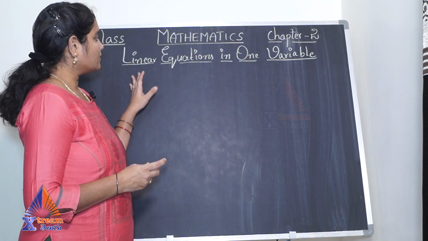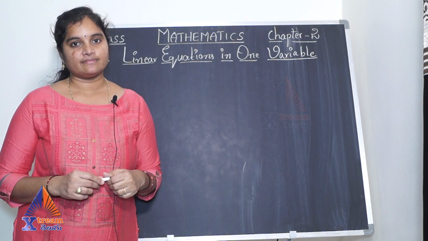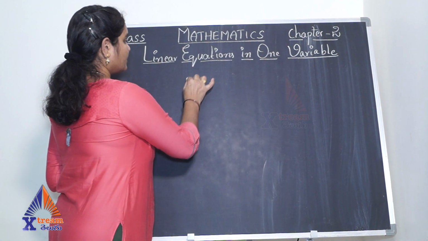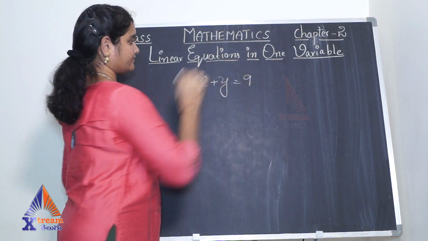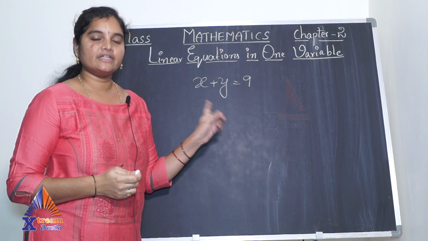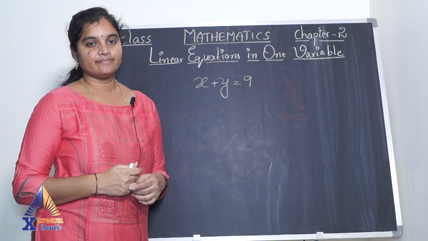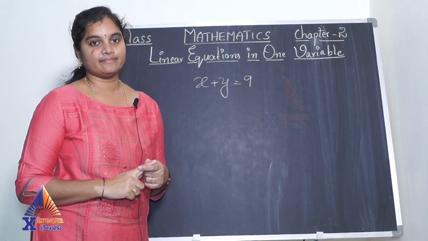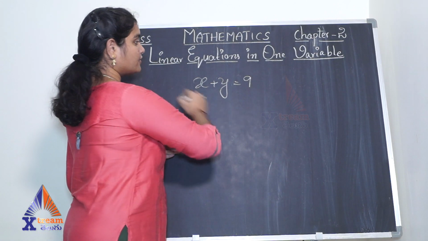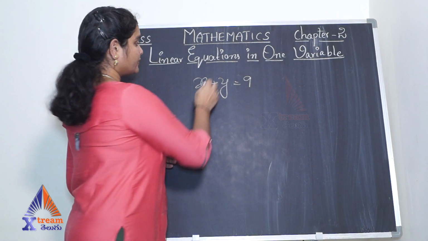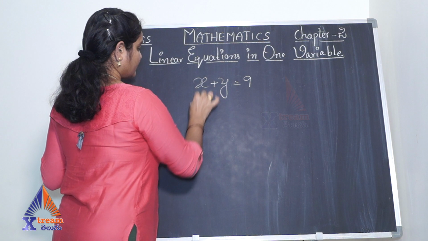Okay, so when do we call them a linear equation? For example, I have something like this. I definitely call it an equation but not a linear equation because its highest power, the degree of this equation, is 2.